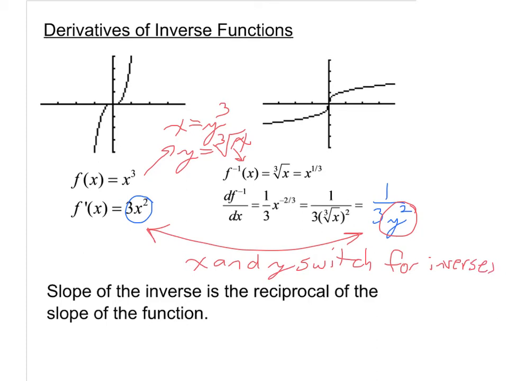And that right there is typically the most difficult part when dealing with derivatives of inverse functions. Yes, the reciprocal part for the slopes is very easy to remember. It's remembering the x's and y's have to switch also.